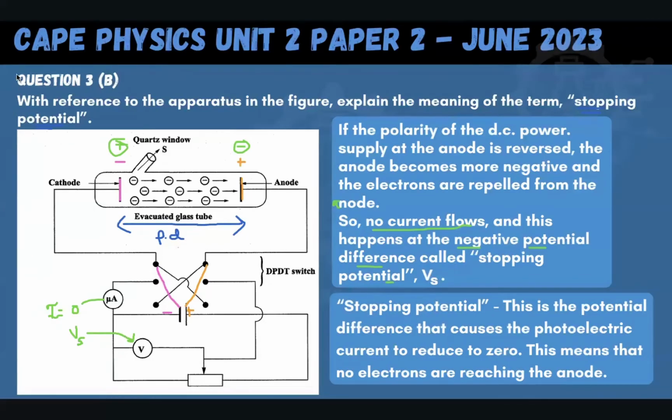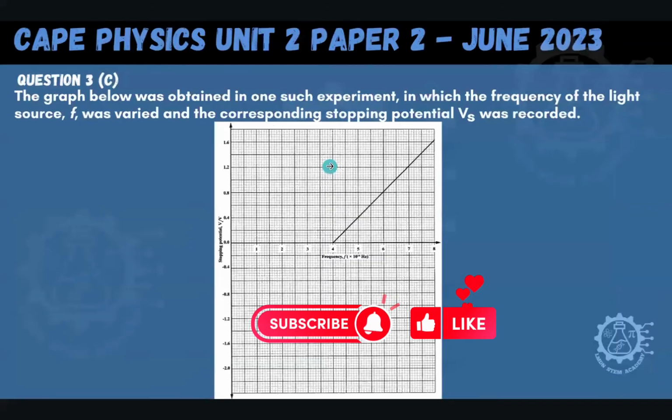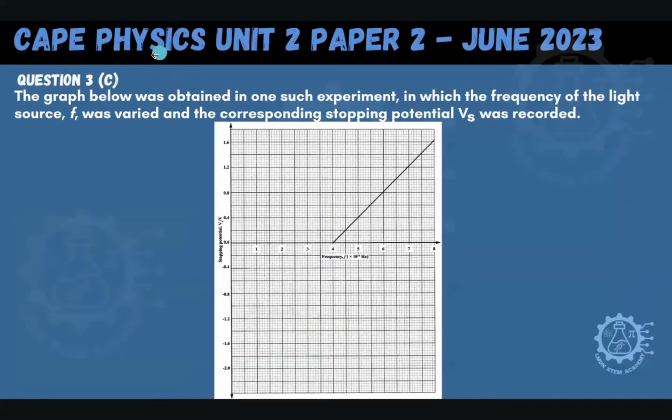Okay. So let's go ahead now. Part C says the graph below was obtained in one such photoelectric experiment in which the frequency of the light source F was varied and the corresponding stopping potential was recorded.